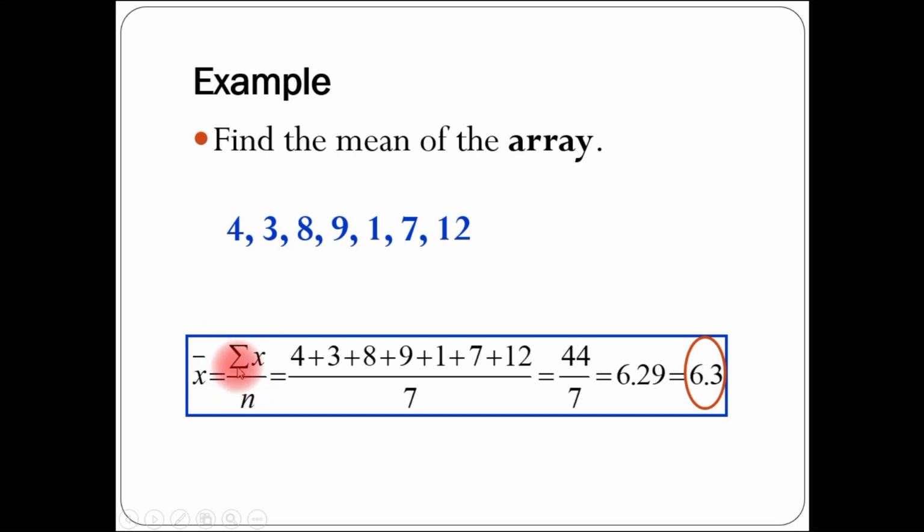Summation of x ay yung, of course, the sum nung pinag-add natin na data. So, 4 plus 3 plus 8 plus 9 plus 1 plus 7 plus 12 divided by 7. Okay? So, the sum is 44. And again, sample size is equal to 7. 44 divided by 7 is equal to 6.29. So, the answer is 6.3.